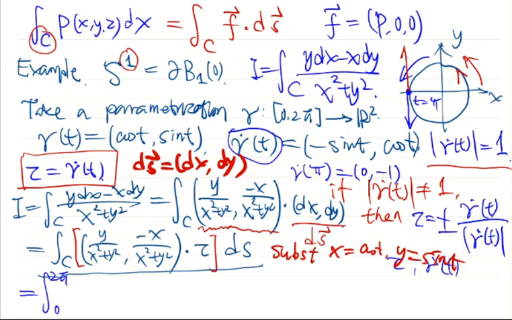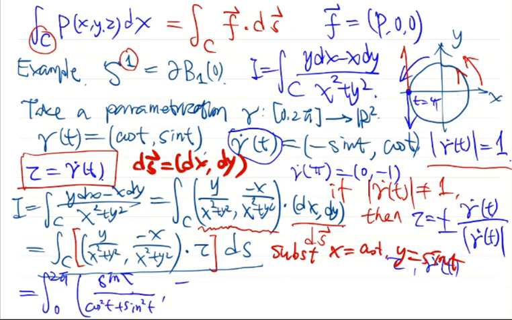And the function here: the y here is sine t by the parameterization, and x squared plus y squared is 1, because cosine squared t plus sine squared t is 1. Then minus cosine t, since x is cosine t, over cosine squared t plus sine squared t.